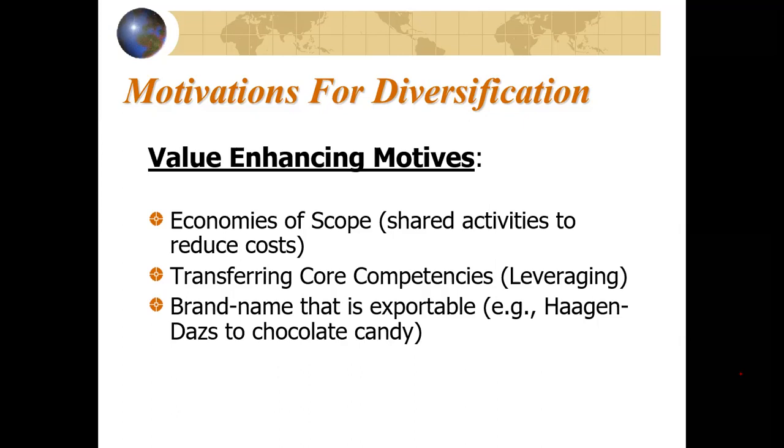For related business gain, you gain market power by pooled negotiating power or vertical integration. Sharing core competency is one of the primary potential advantages of diversification.